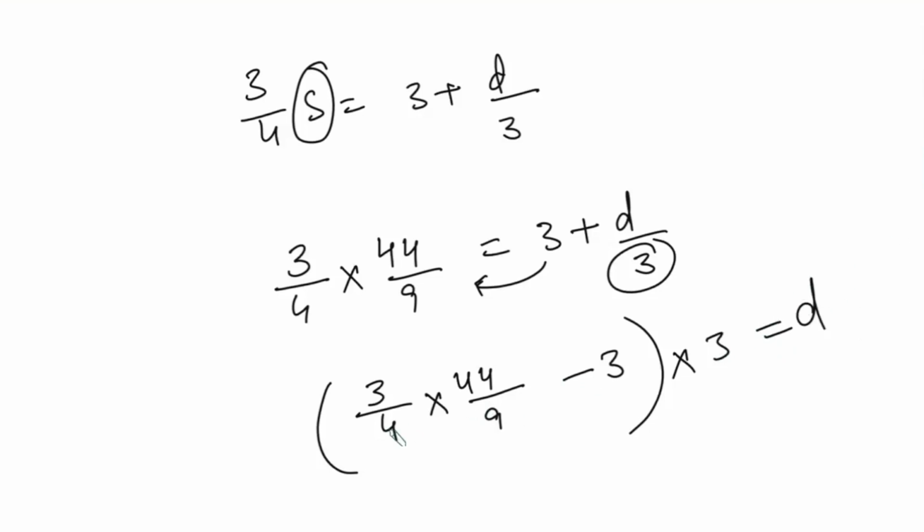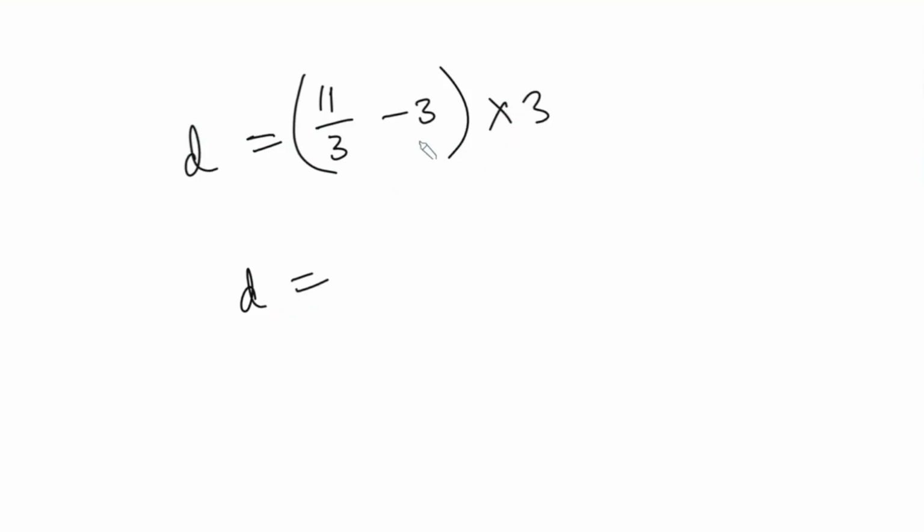And we can simplify this further. We can cancel out 4 and 44, that is 11. We can cancel 3 and 9. So you get 11 over 3 minus 3 times 3. That's the value of d. Simplifying it further, you get 11 minus 9, that is 2. So the value of d is 2.